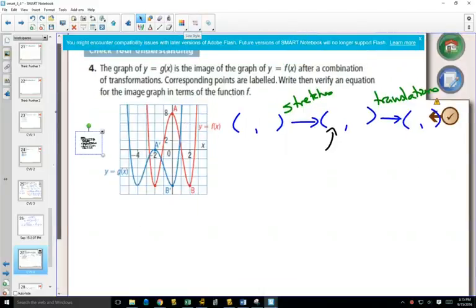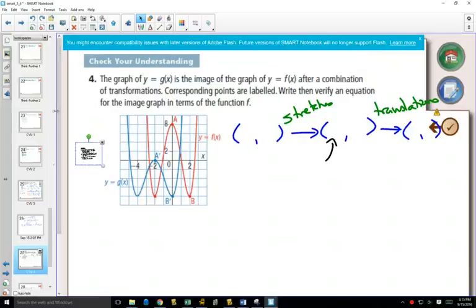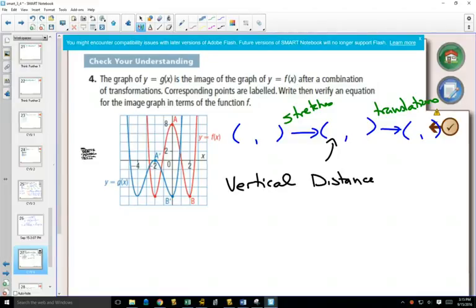Okay. So first step, we are going to figure out our vertical distances and horizontal distances to find our stretches. So if we look at our vertical distances, A to B, and I'll do that in red, that's on our red graph. A to B, and on our blue graph, from A prime to B prime. Now I want you to look at the graph, and I'm going to be very fussy.